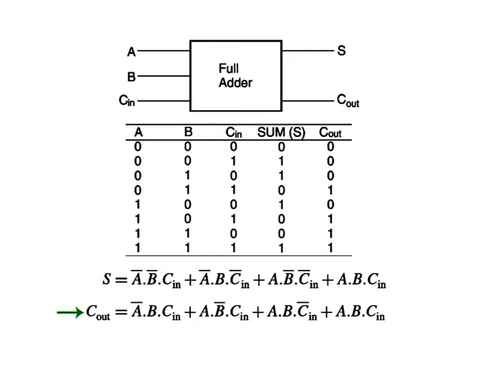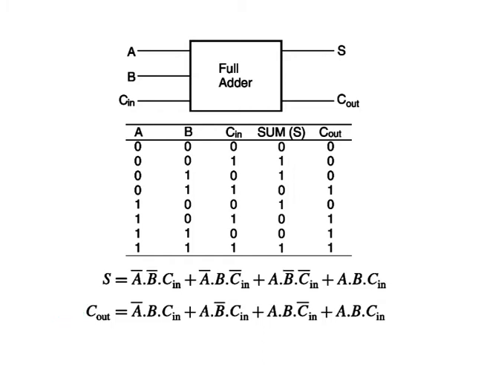And the carry output is given as A bar dot B dot Cin plus A dot B bar dot Cin plus A dot B dot Cin bar plus A dot B dot Cin.